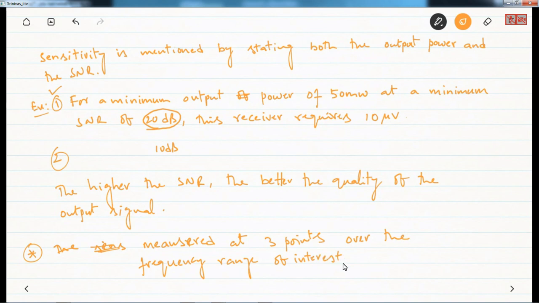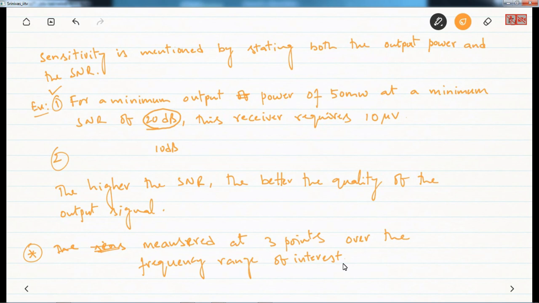If the receiver is supposed to operate from 540 kilohertz to 1640 kilohertz, we will measure at least 3 points in this spectrum, maybe one at 600 kilohertz, another at 1100 kilohertz, and another at maybe 1500 kilohertz.